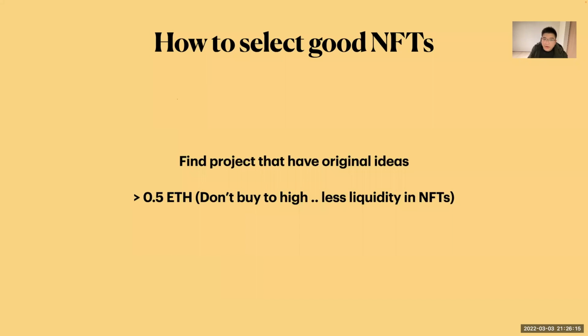You have to find the original project. And the next trick for him is to buy for less than 0.5 ETH. If you buy for less than 0.5 ETH, maybe you will get profit more easily.